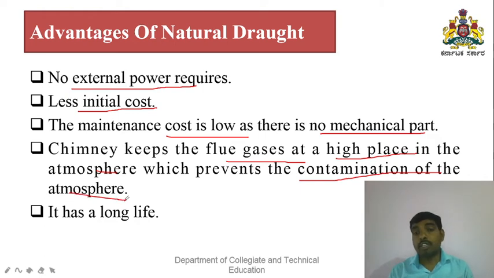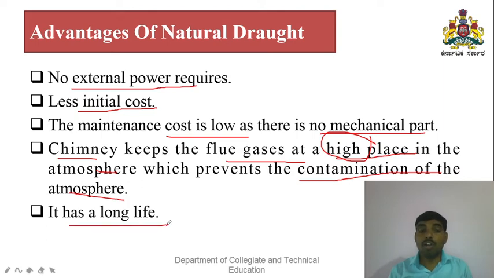I already explained this in the previous slide. Due to the greater height of the chimney, the contaminants in the flue gas are reduced. While increasing the height of the chimney, those contaminations are reduced, and they should not flow through the atmosphere. That is one reason the chimney should keep the flue gases at high places.